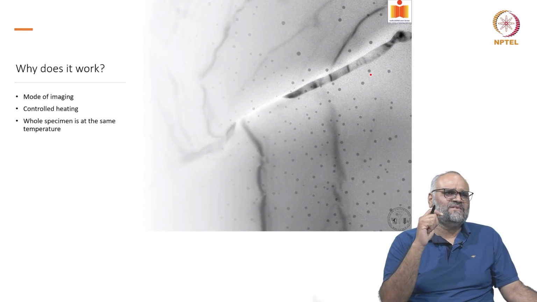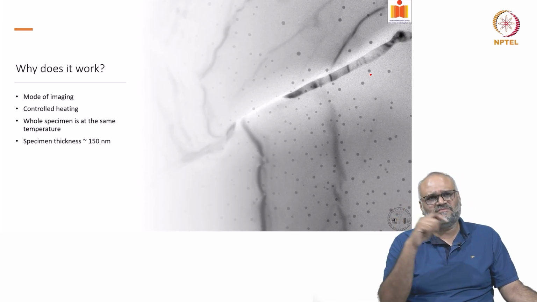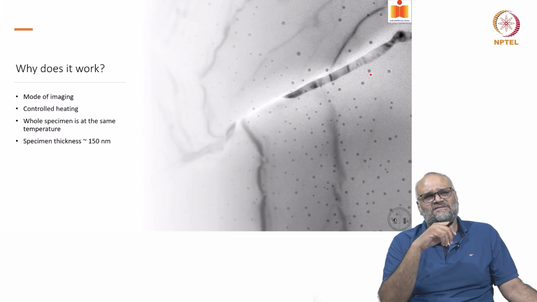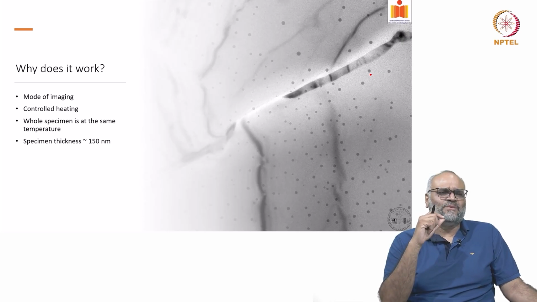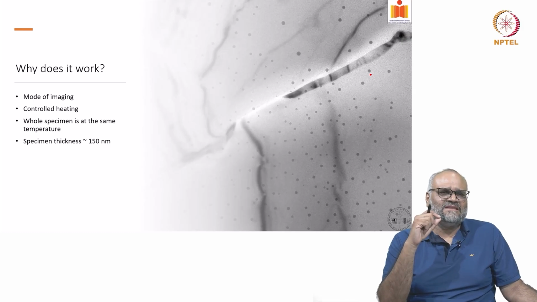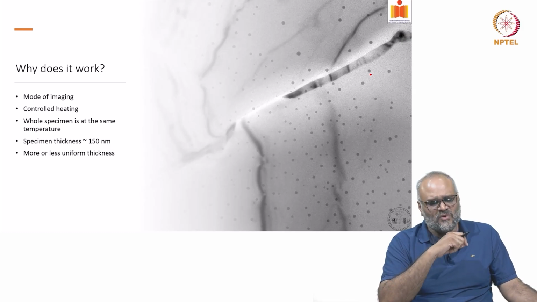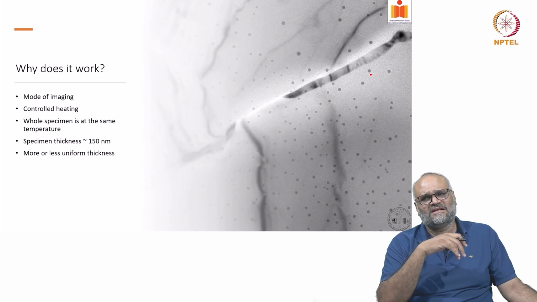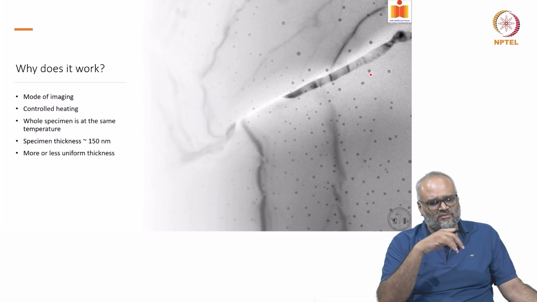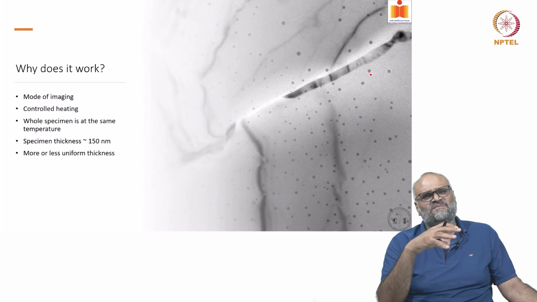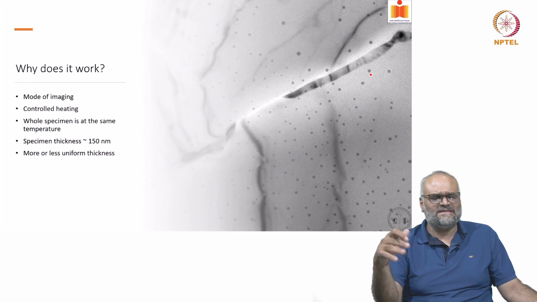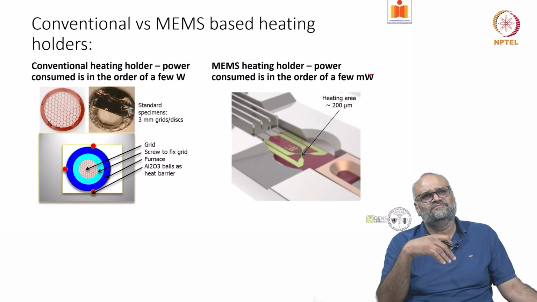The entire specimen is at the same temperature, and the specimen thickness is about 150 nanometers, which is on slightly higher side than conventional specimen thicknesses you would want for high resolution imaging, and more or less the specimen is at uniform thickness. So how do these factors play a role, and why is it important, is what we'll try to see in the upcoming slides.